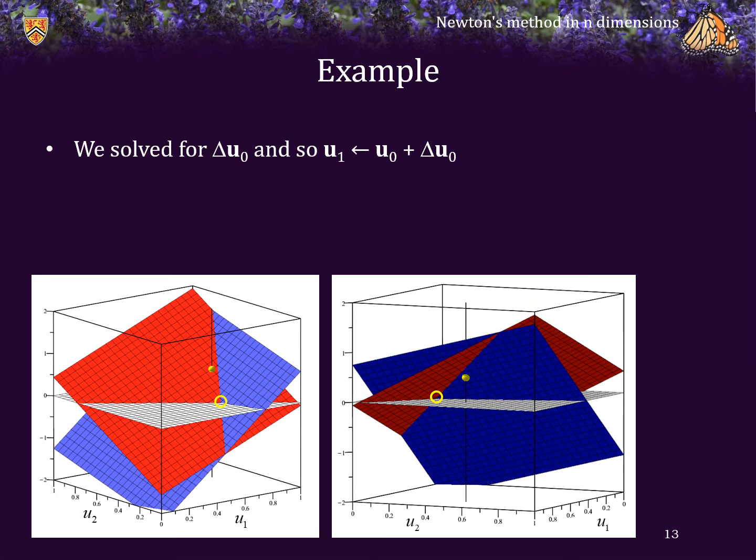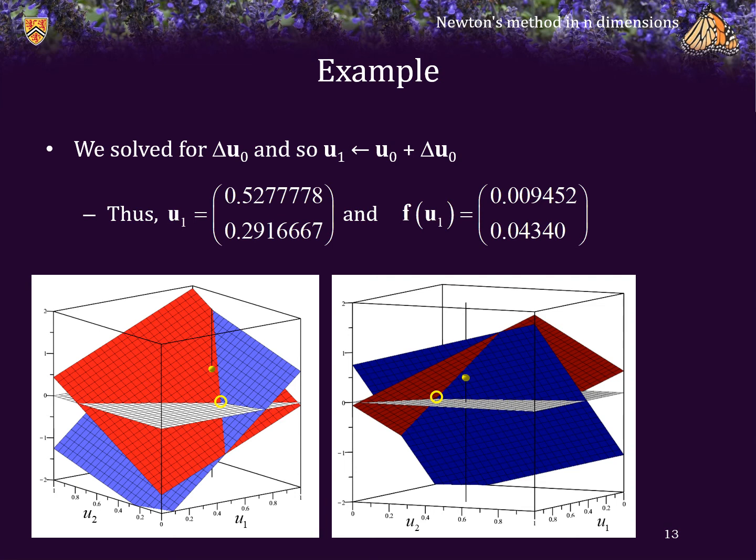Having solved for delta u naught, we can add this to u naught to get our second approximation. That simultaneous root is our second approximation, u1. If we calculate it and evaluate the function at u1, we find that both values have a significantly smaller value. That is, we are closer to the root.